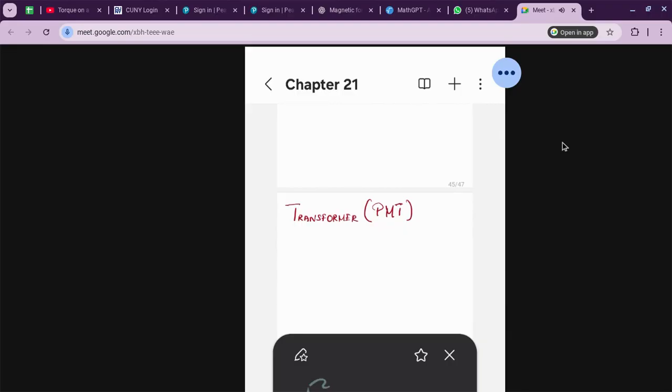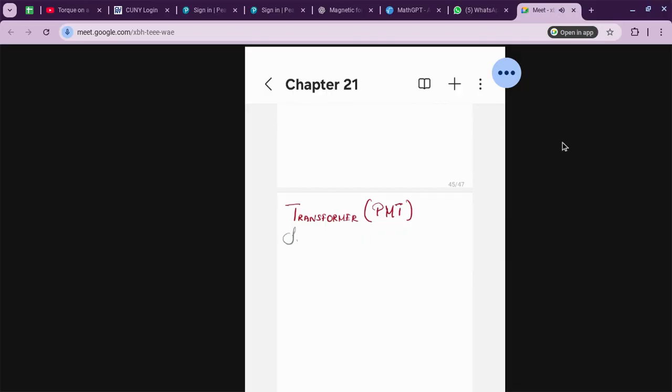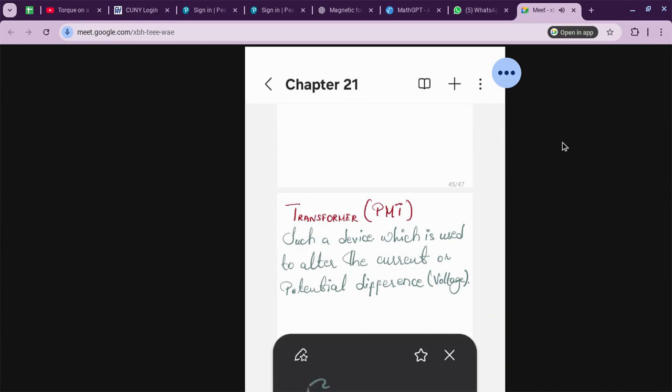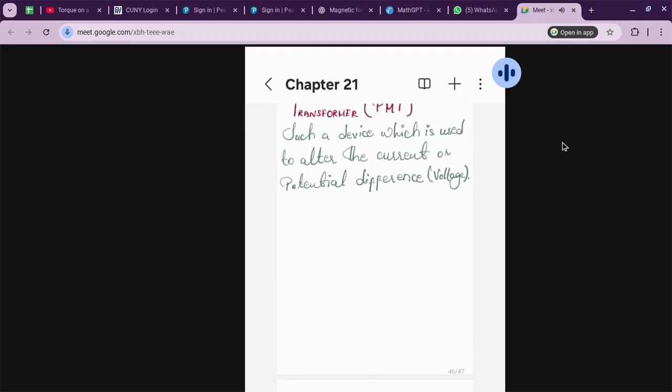First of all, it is such a device which is used to alter the current or potential difference. Potential difference means the voltage.